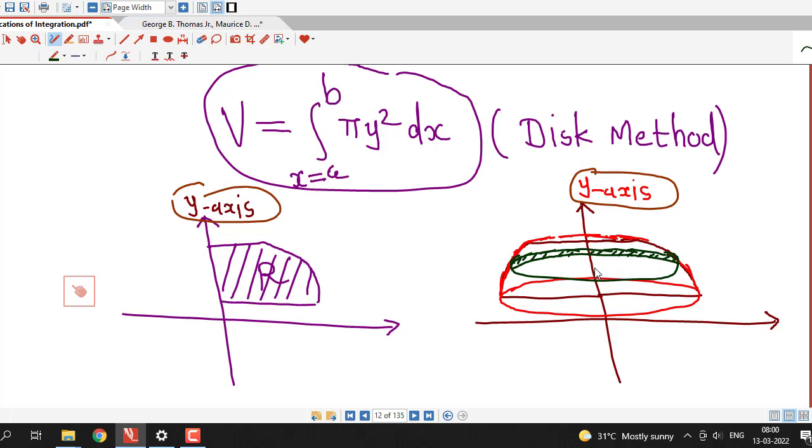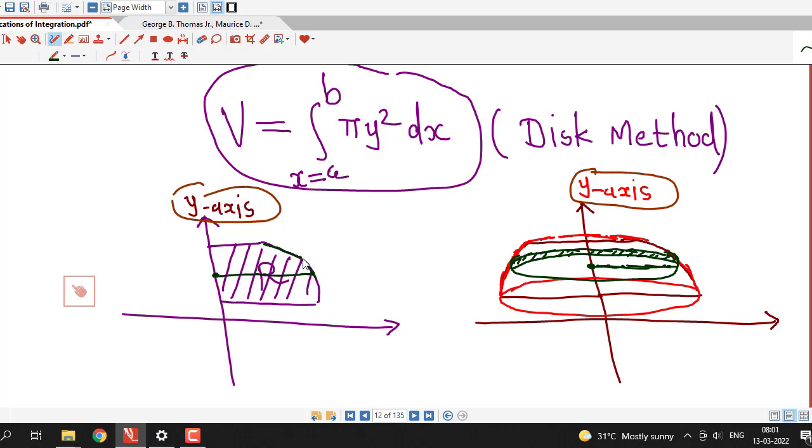Now suppose we are interested in the radius of this disc, then we will focus on the distance between the axis of rotation and this curve. So we have to go from this point to this point.